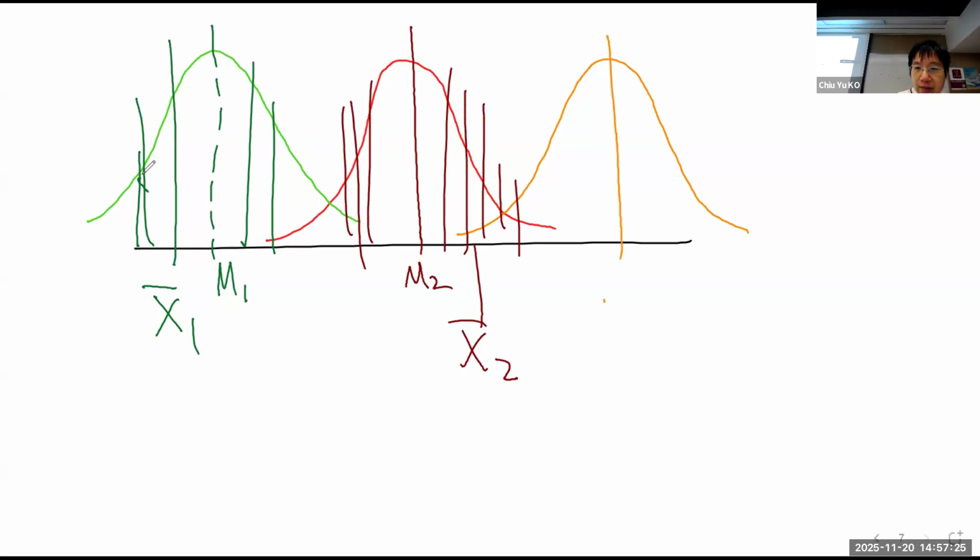Okay, so the data, maybe the center is mu3. The data you got, maybe a lot of them here, then you got x bar 3. So why does comparing these samples become comparing variance? The idea is the following.